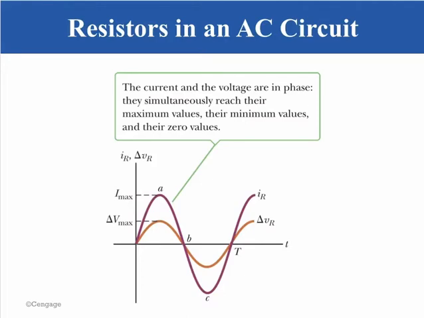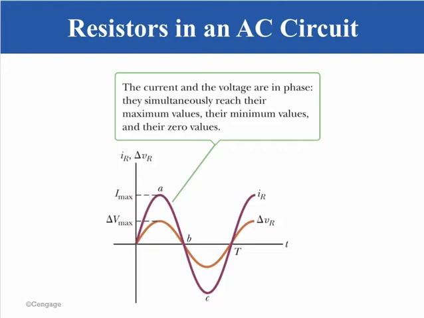Between points A and B, the current is decreasing in magnitude but is still in the positive direction. At point B, the current is momentarily zero. It then begins to increase in the opposite negative direction between point B and C.